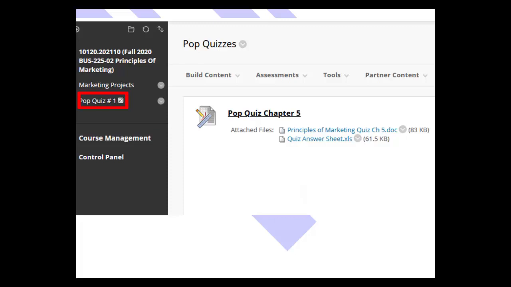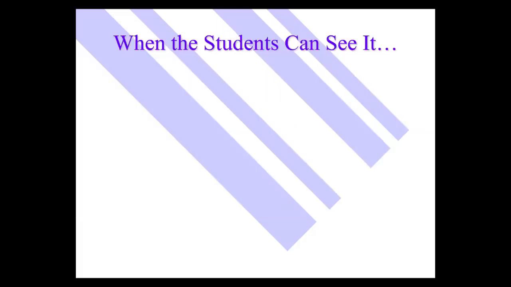In fact, the minute of the pop quiz, they're going to come into the classroom, and I'm going to unhide it and let them know that, okay, there's a pop quiz today, and I want everybody to open up the Principles of Marketing quiz and get ready to take it. I don't want them to open it and start going while I'm still giving instructions, so I have password protected that.